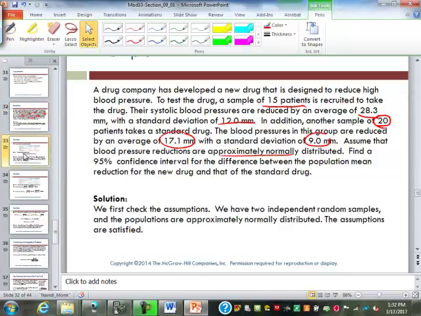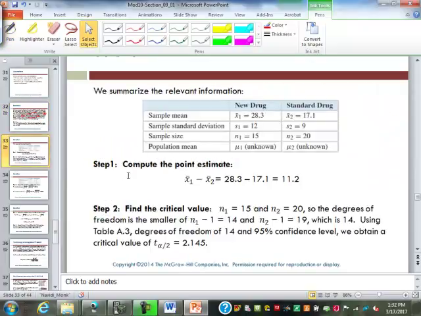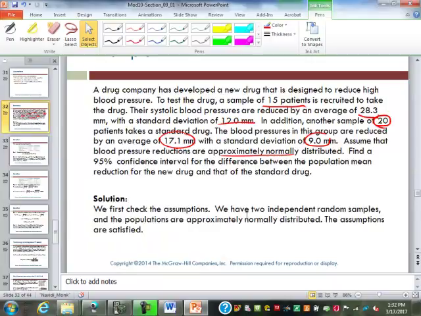So let's check our assumptions. We have two independent samples. Yes. The populations are approximately normal. We were told that, so everything is satisfied. Our sample sizes are small, so we had to know that they were normal.